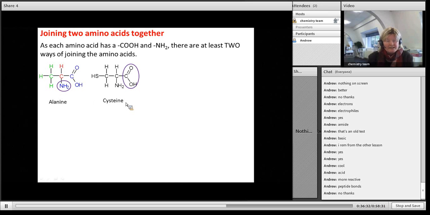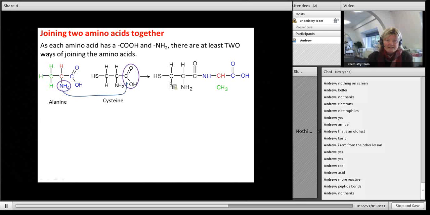And if I take the NH2 of the alanine with the carboxylic acid of the cysteine, I just draw this part out again, and the carbonyl, and then just add on the NH2. So I've tried to color code it to make it clearer. So there's the CCC from the cysteine. Now I've added the NH2. Now that blue NH2 is attached to a red carbon, which is a CH.